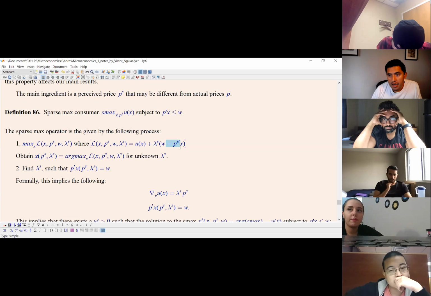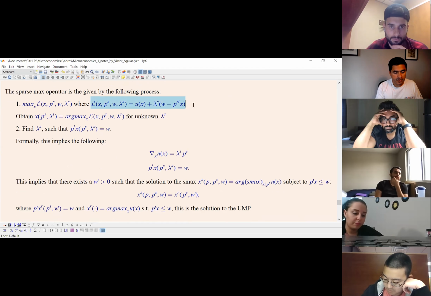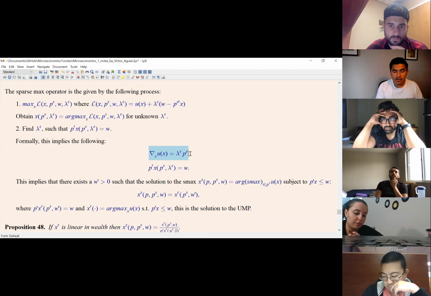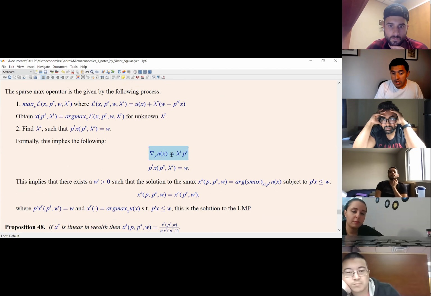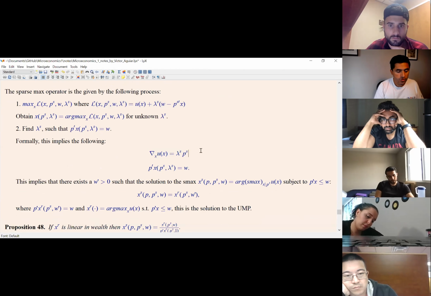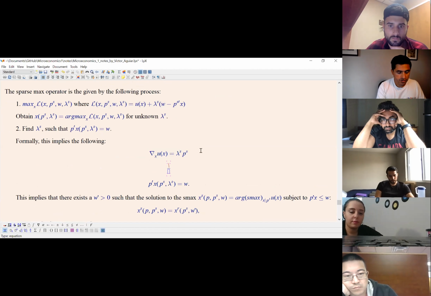Okay. So let's do it for the first. What do you do in this case? Take the fake Lagrangian, and then take first order conditions. So what do you obtain here? That this gradient of utility, the marginal utility, is equal to the fake lambda times the fake price. In particular, I want you to do the marginal rate of substitution, right?